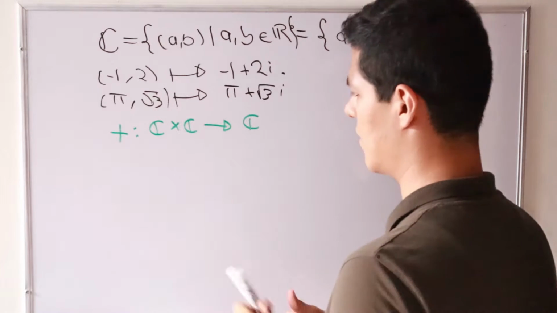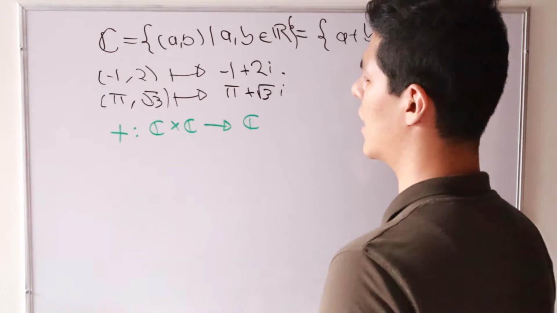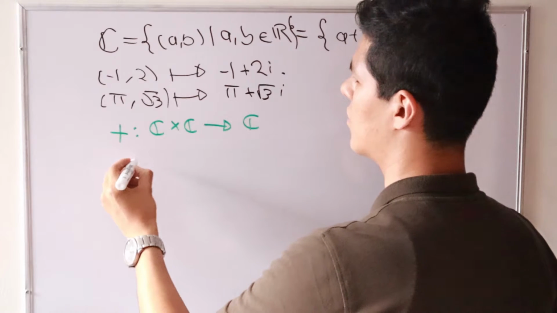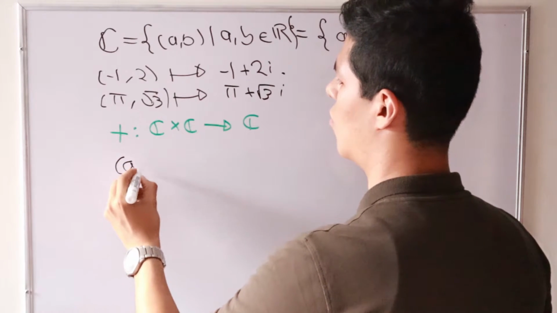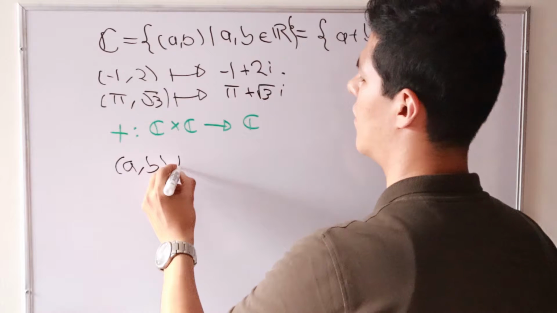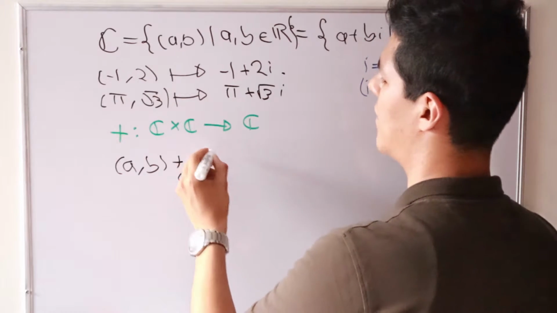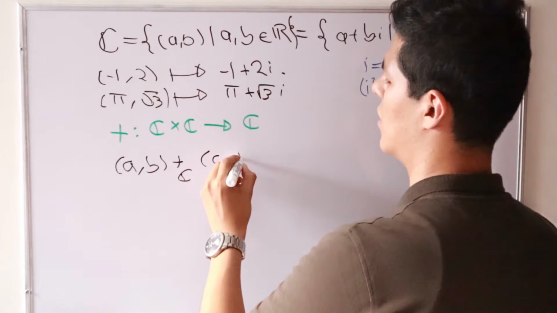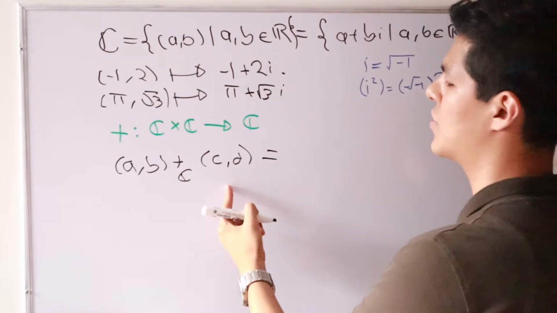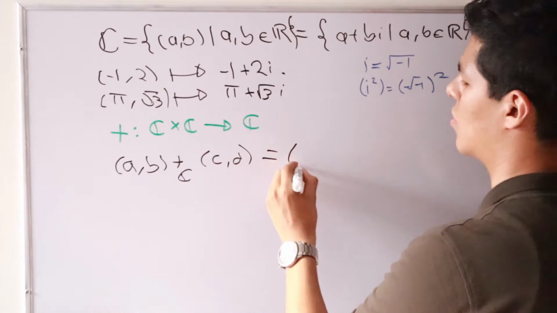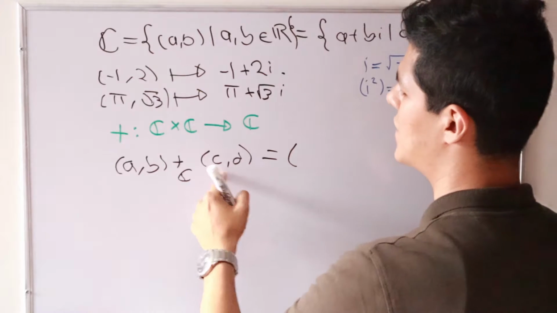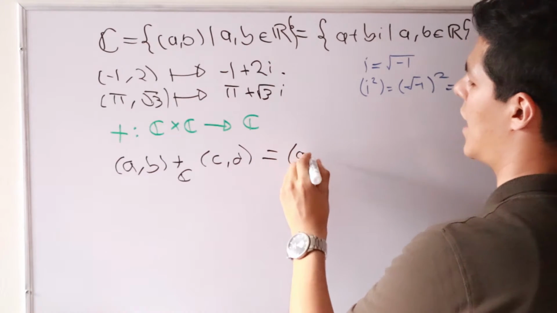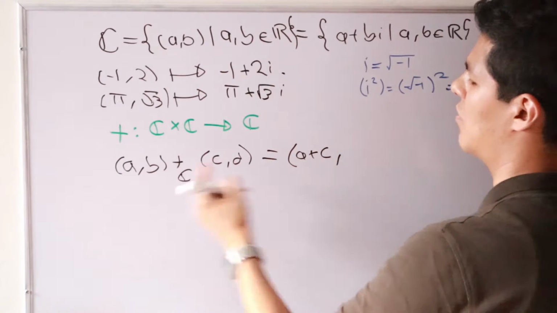So for example, you have to add one complex number to another by this definition. You have two complex numbers, and you only have to see the first one, a plus c, and b plus d.